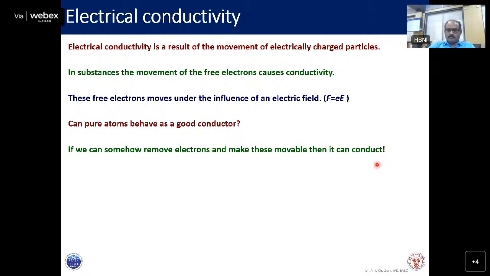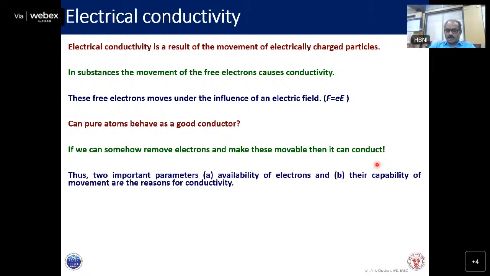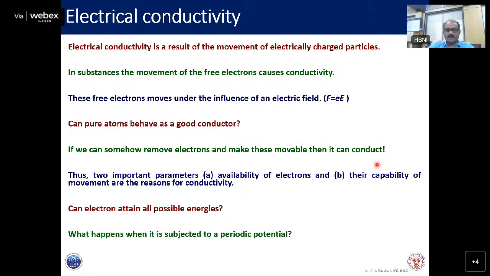So we now realize there are two important parameters. One is the availability of electrons, and next is their capability of movement. If they can move from one place to another, these are the two parameters which define the conductivity of a material. So before we move ahead, can an electron attain all possible energies?